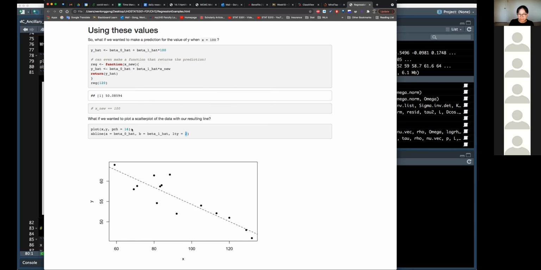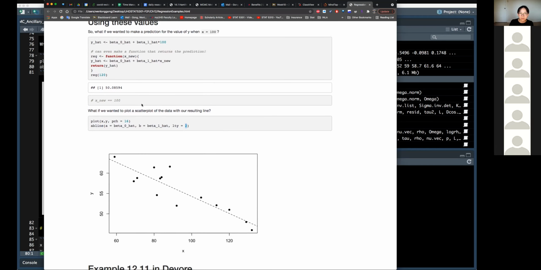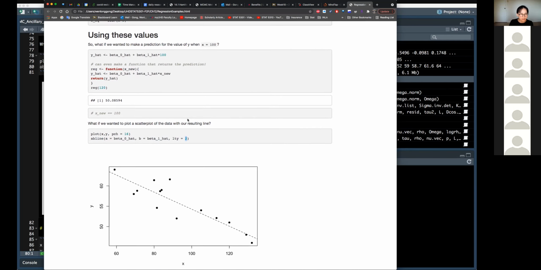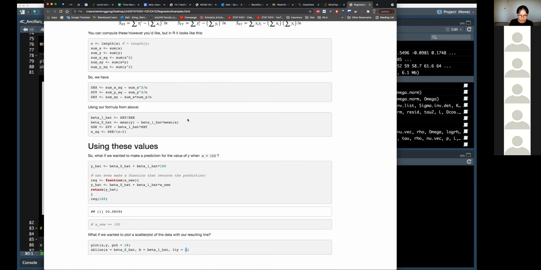So this is the basics: you make the plot and you add your regression line to it. And how do you do the prediction? With your estimated slope and intercept. So this is what section 12.4 is telling you, all the calculations and plotting techniques.